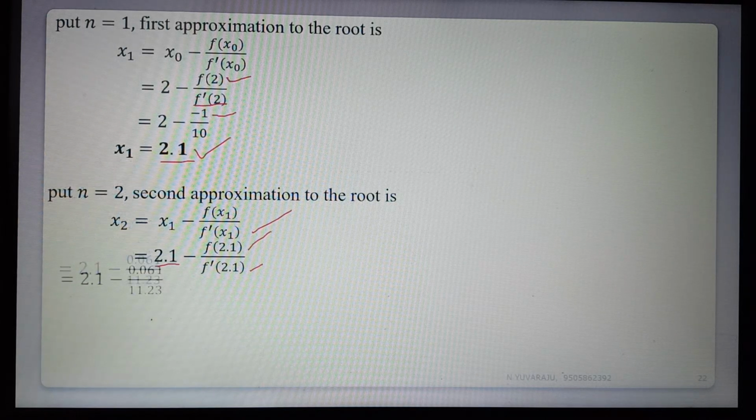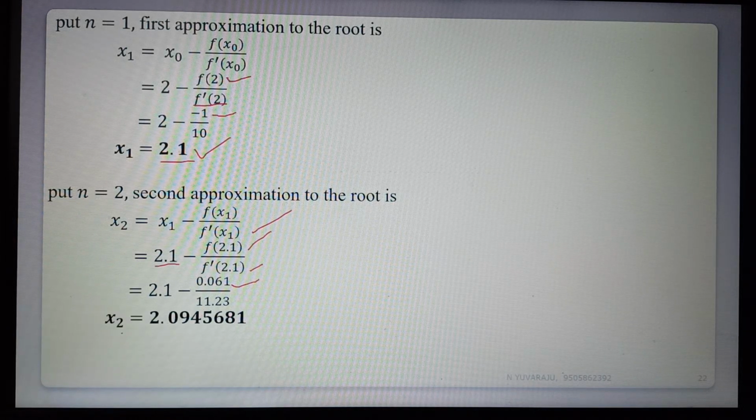Substituting 2.1 in the given equation, f of 2.1 is 0.061 and f dash of 2.1 is 11.23. After simplification, x2 is equal to 2.0945681. Here x1 and x2 are not equal, so one decimal place does not match.